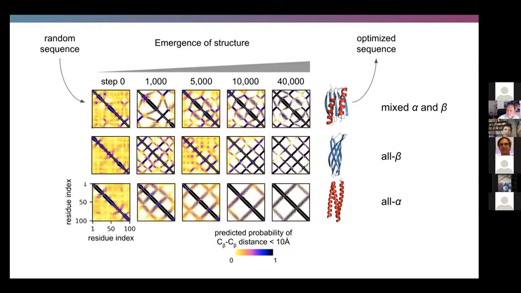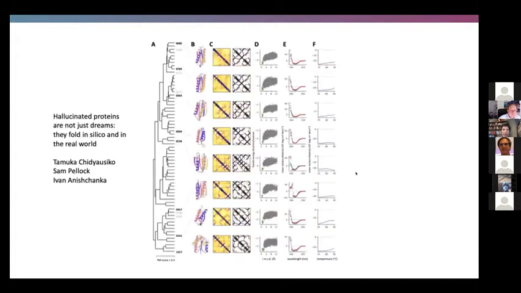So you start with a random sequence. There are very few predicted contacts here, that's the off-diagonal regions. But as you go through a Monte Carlo simulation, contacts grow in because you're rewarding that. And in the end, you end up with sequences that are predicted to fold into very precise structures. And we can make these proteins in the lab.